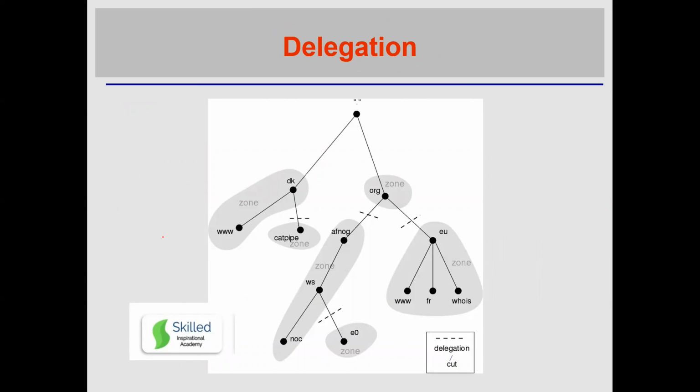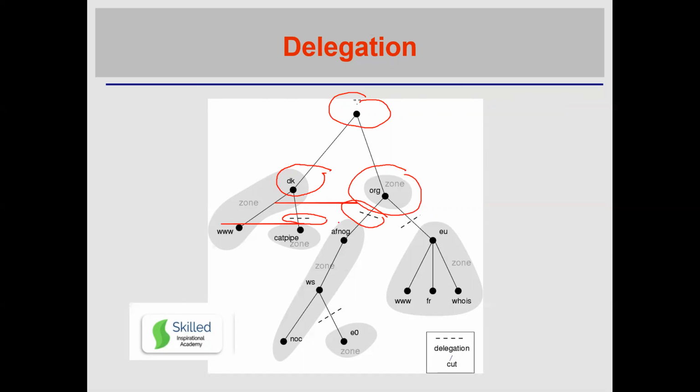So let's come across delegation. This is our root domain. This is our top level domain, which is dk, org, and other things. Can you see these lines? This is called delegation.